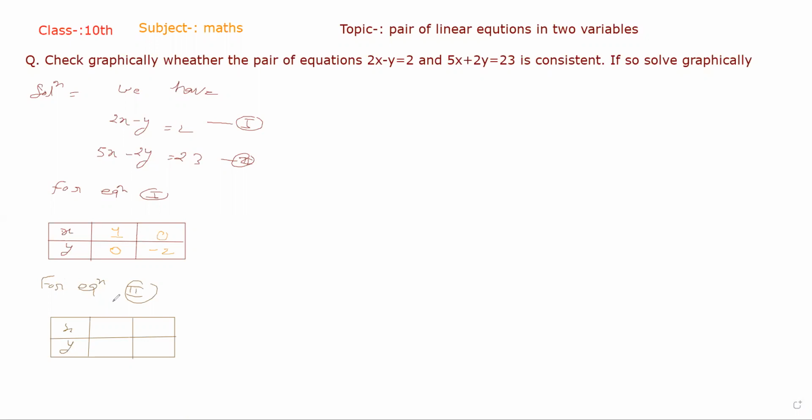I'm going to put x equals 3. When I put 3, I will get 15 minus 2y equals 23 and minus 2y equals 8, means y equals minus 4.